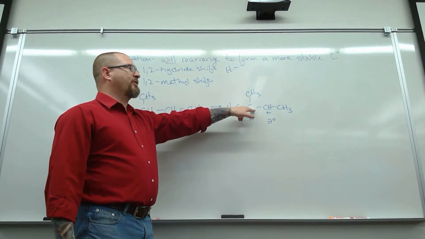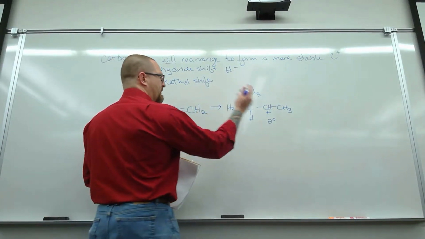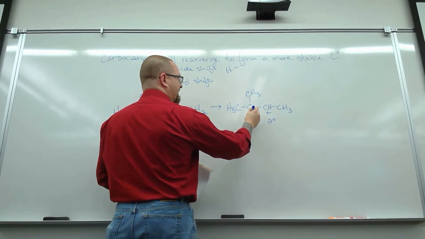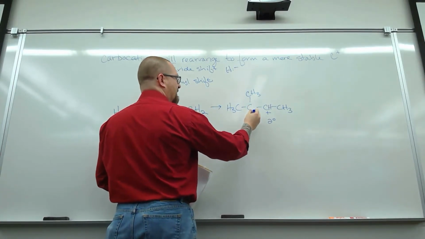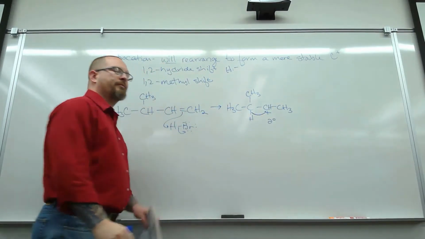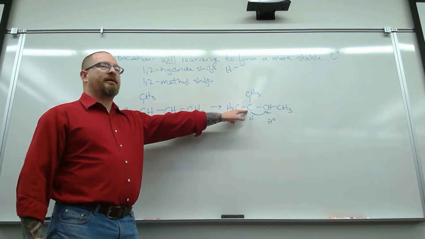It can only come from one carbon away. It has to be a 1,2 shift. This electron pair can cease binding to this carbon and hop to this carbon. And when that happens, this carbon becomes a carbocation.